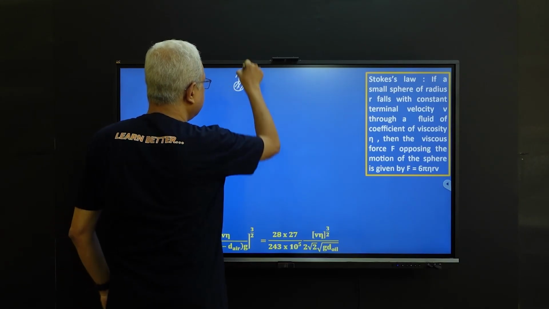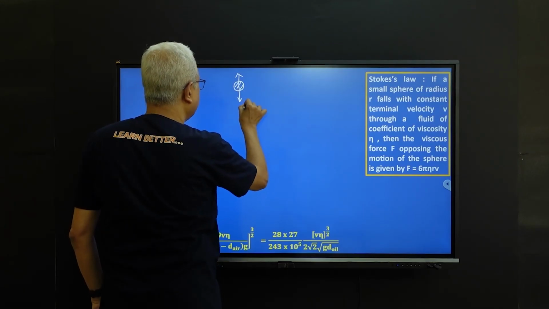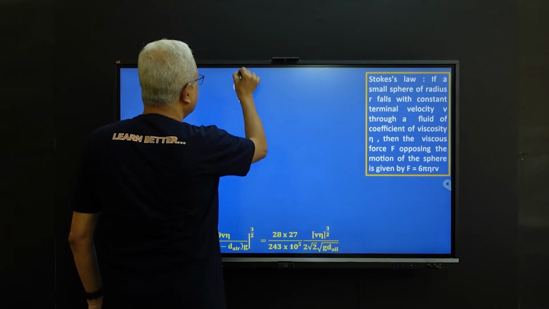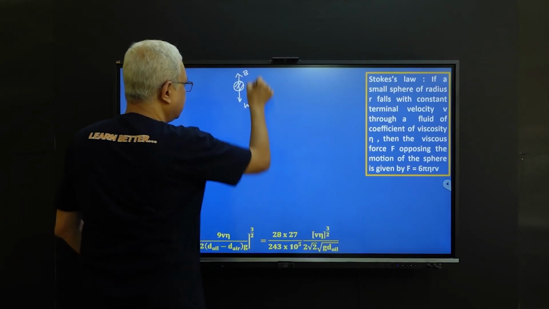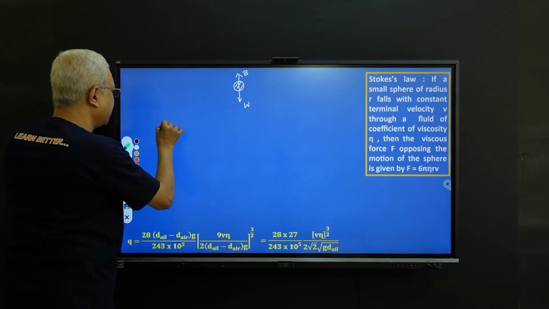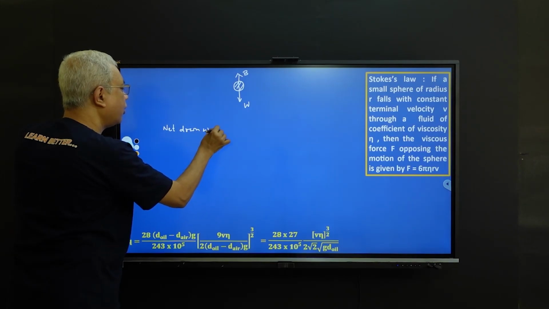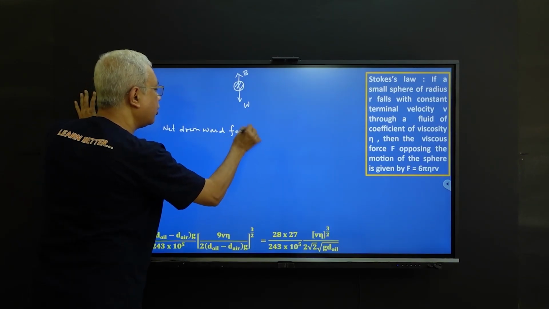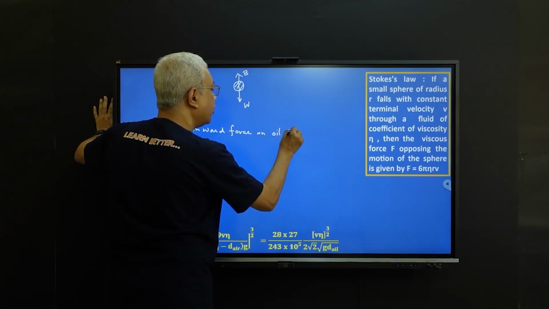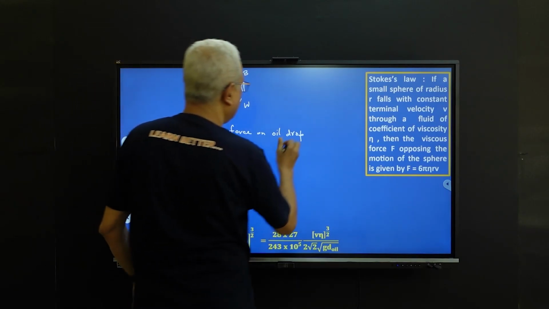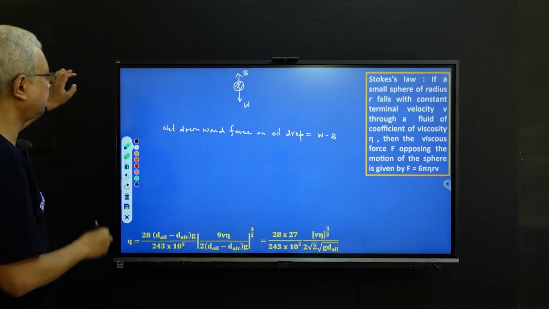The oil drop is in the air and it is falling in the air. The net force acting on the oil drop is W, and there is the buoyant force of air. So the net downward force is W minus B, where we have already written the expressions for W and B.